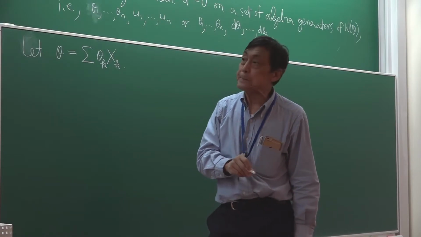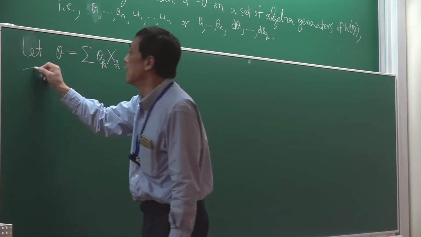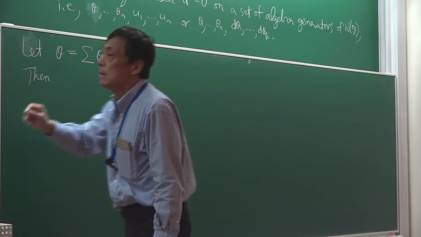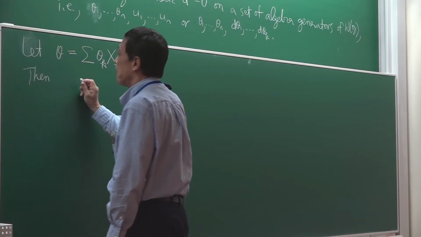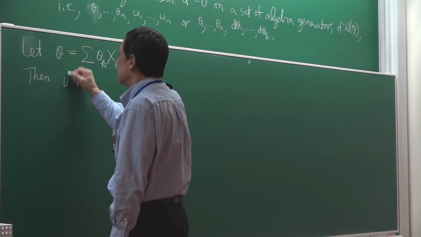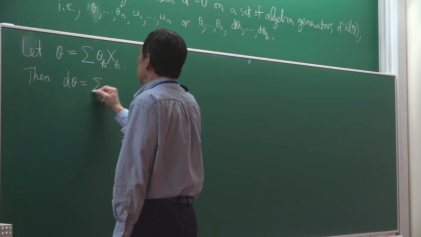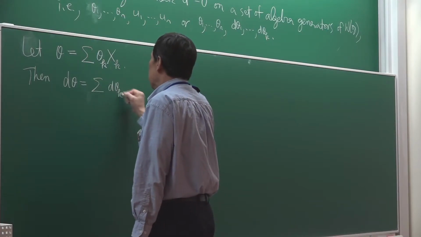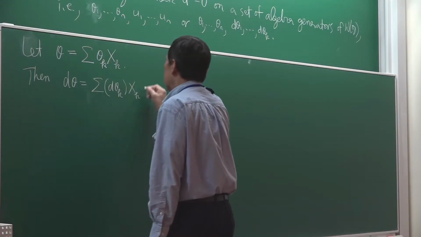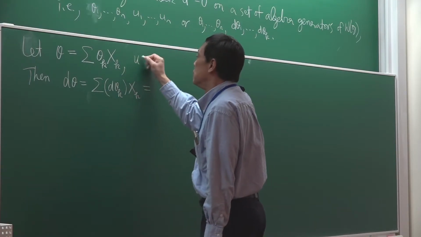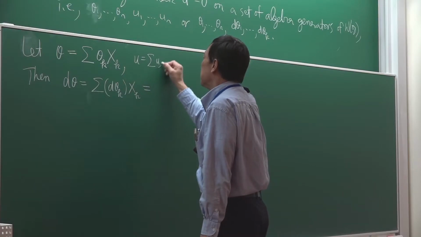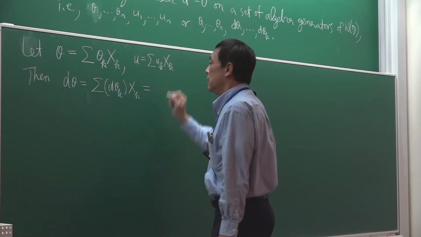Then d theta is d theta k xk, and so we're going to call uk xk.